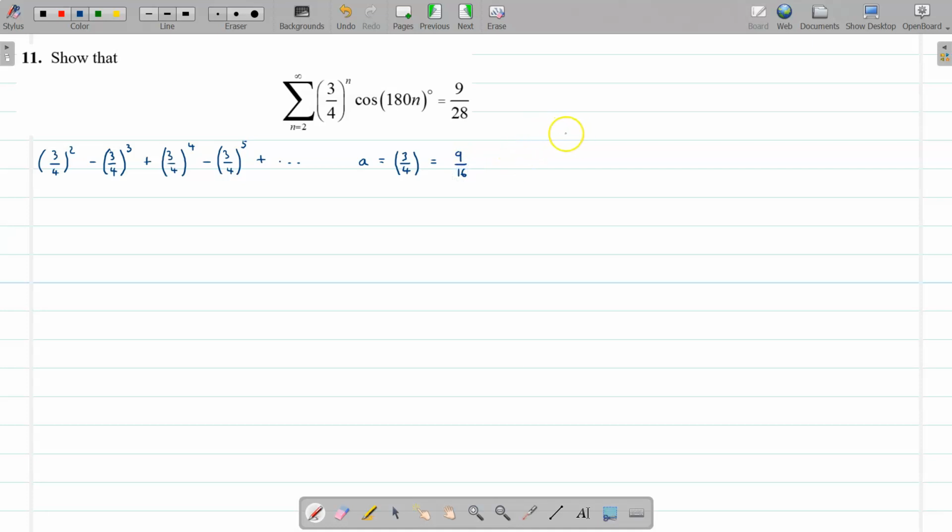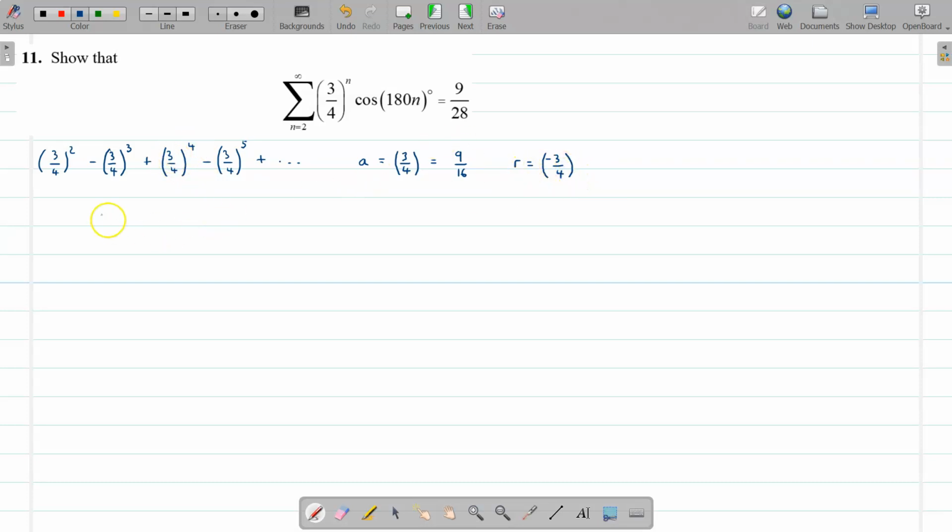And the common ratio is minus 3/4, because what's going to happen is it's switching from minus to plus. So basically, if you take that and multiply it by minus 3/4, you get that. And if you take that and multiply it by minus 3/4, you get plus again, and another power onto the 3/4. So it's as simple as that.